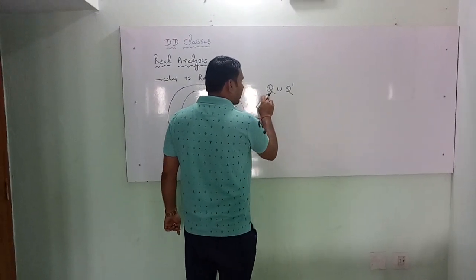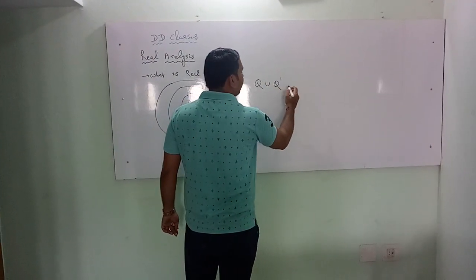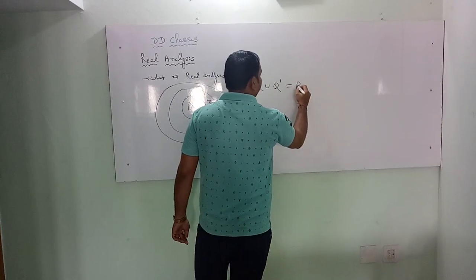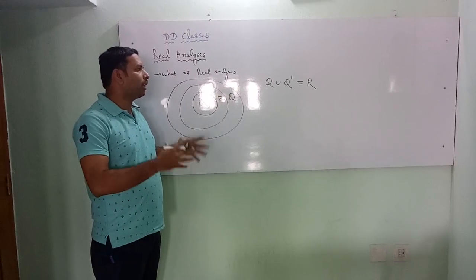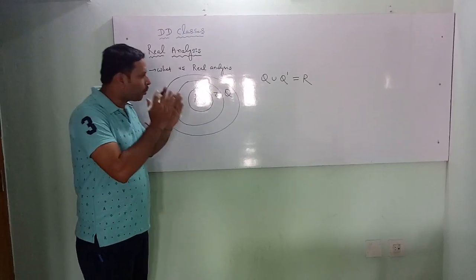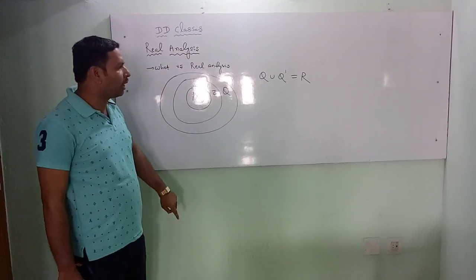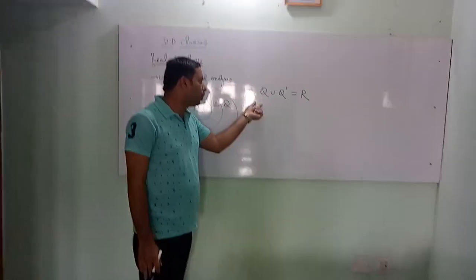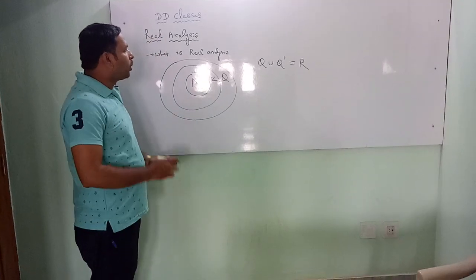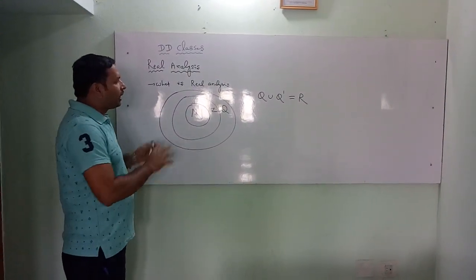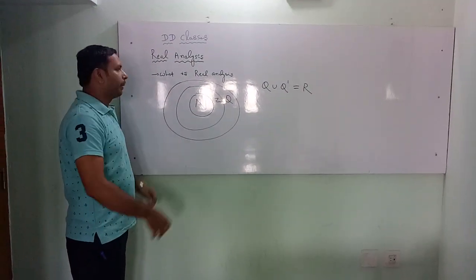So the set of all rationals and the set of all irrationals combine to make the set of all real numbers, that is, numbers in the form of Q or in the form of Q prime. That is the first basic definition of a real number.